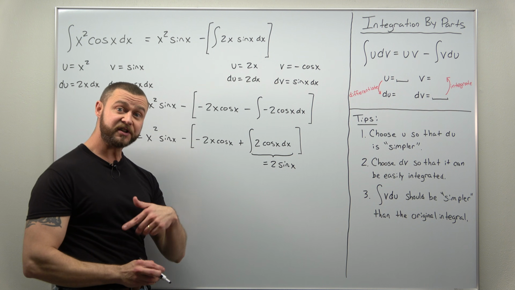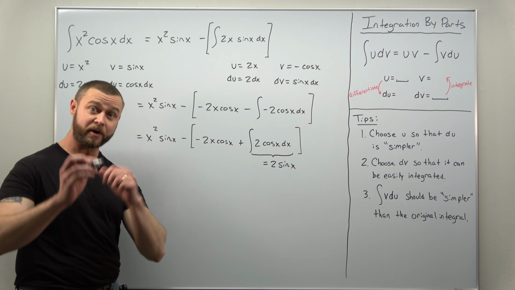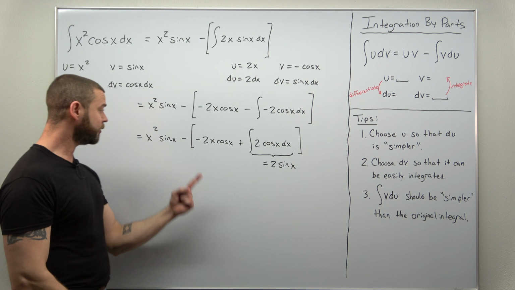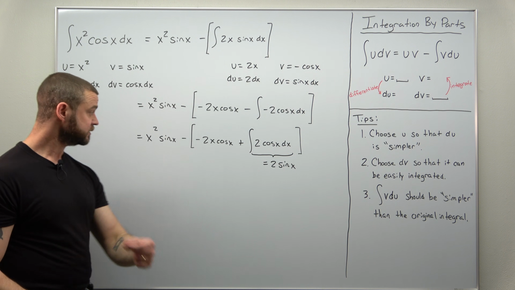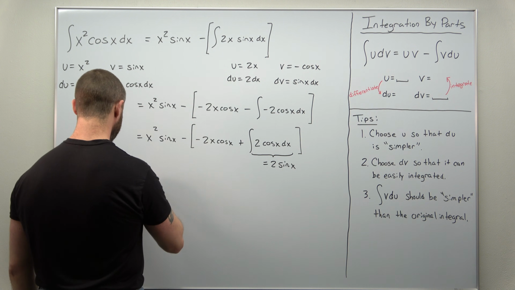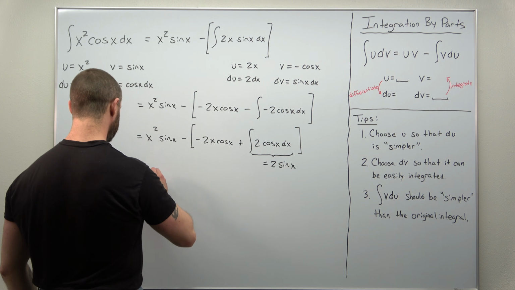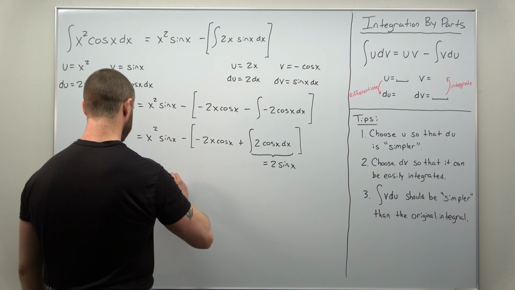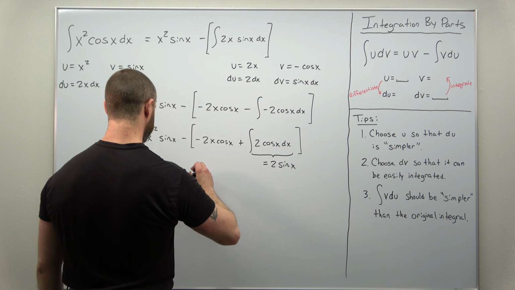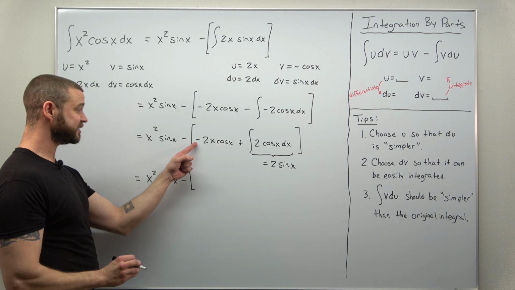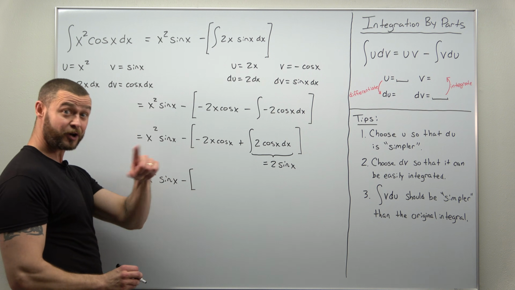The rest of the work is just cleaning up and going through some algebraic simplification and being careful with our signs. So let's just rewrite here. We have x squared times sine of x. We have minus, and then the set of parentheses or brackets, minus 2x times cosine of x.